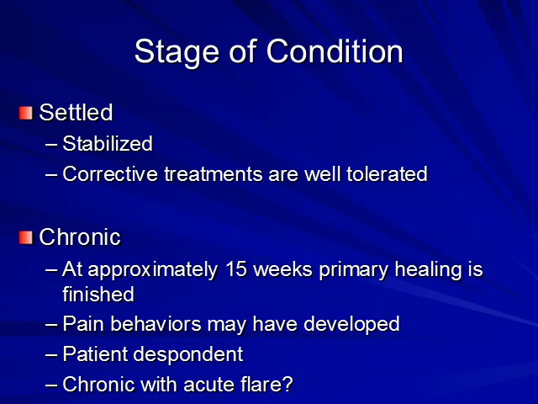All right, now it is very difficult to tell the difference between settled and chronic, so I really advocate you look at all the information you're given and you make a decision based on a 2-column decision chart. So anytime you're approaching a patient case or patient, you're trying to decide what stage of condition they're in, I think you should look at all the variables.